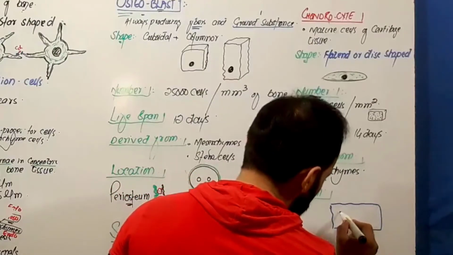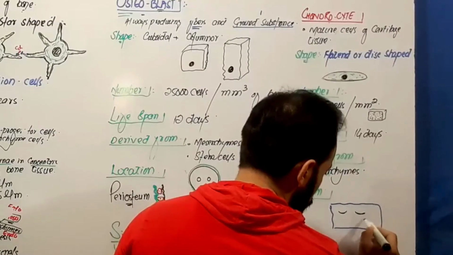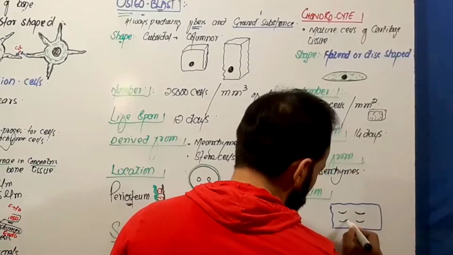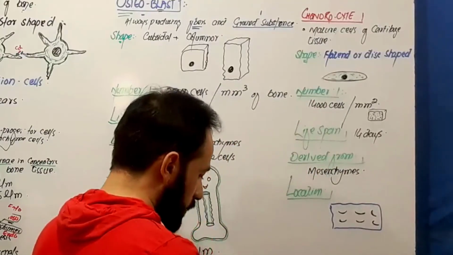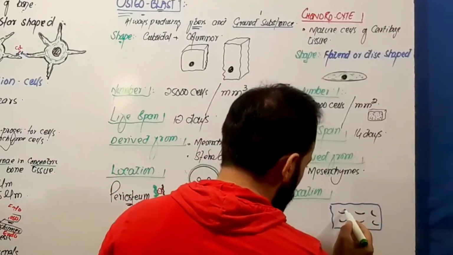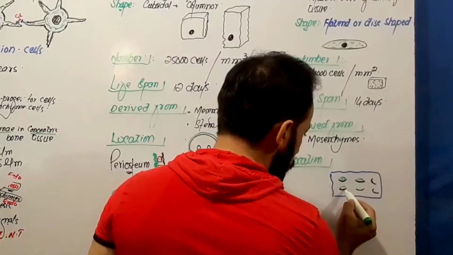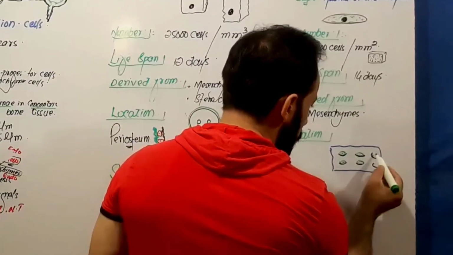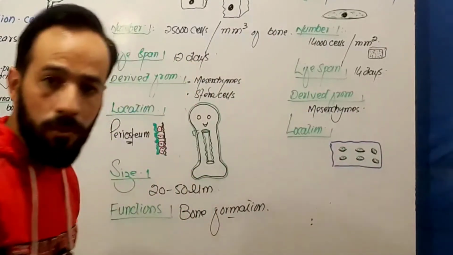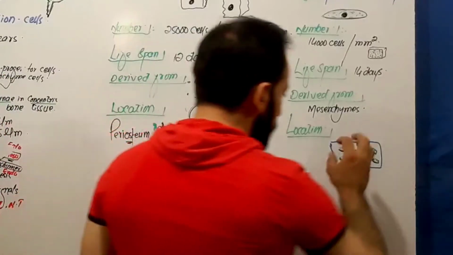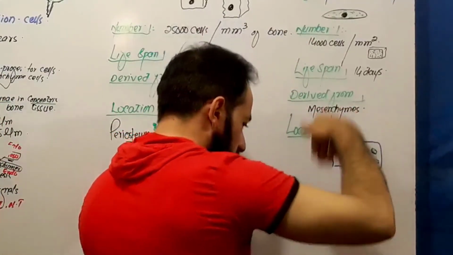In the ground substance of this cartilage tissue there are certain depressed areas, and in these depressed areas these cells reside, right? So what did we learn? We say that in the ground substance of the cartilage there are certain depressed areas.